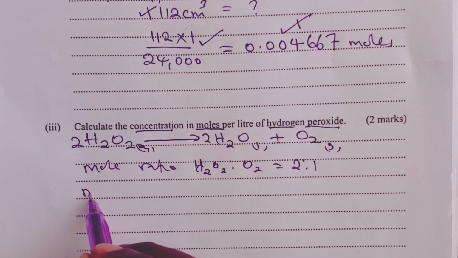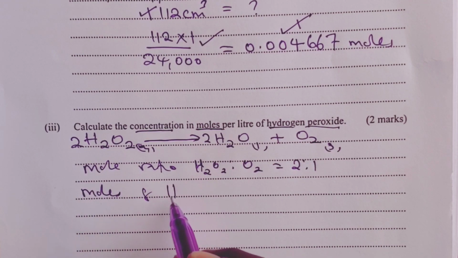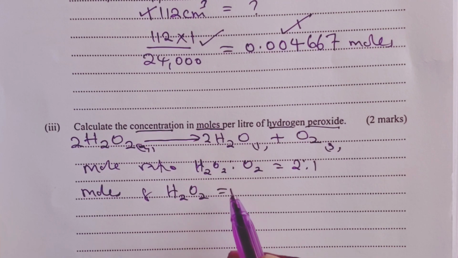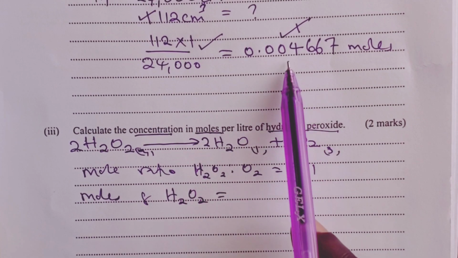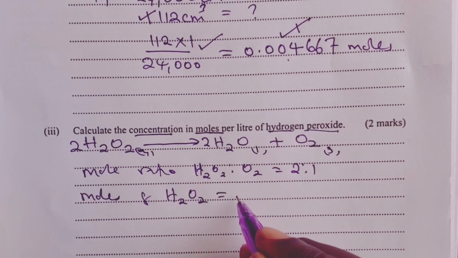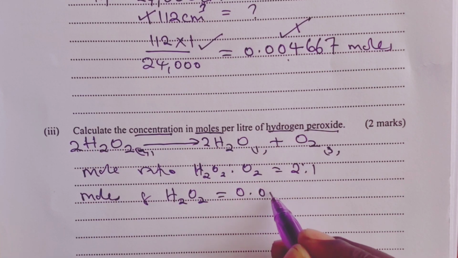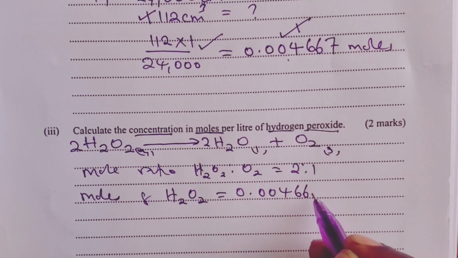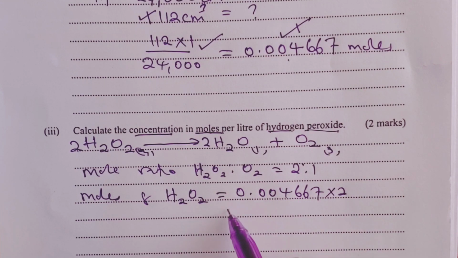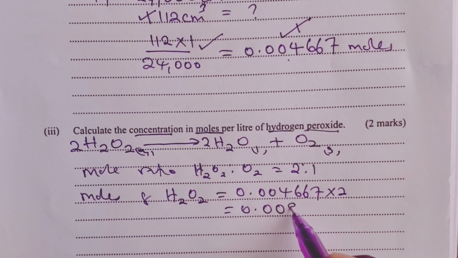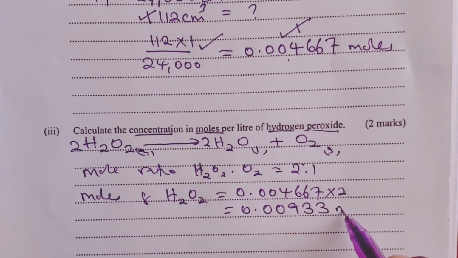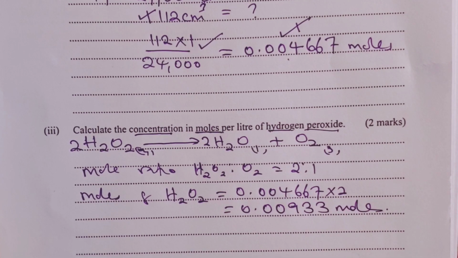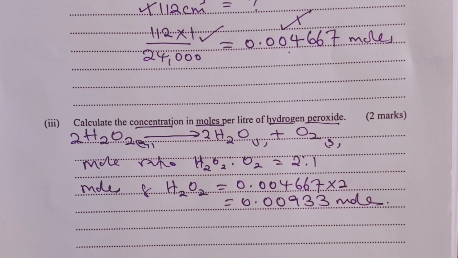With that, we can get moles of hydrogen peroxide that were used. It is simply moles of oxygen, which are here, multiplied by 2. So we shall have 0.004667 multiplied by 2 to give us 0.00933. These are moles of our hydrogen peroxide.